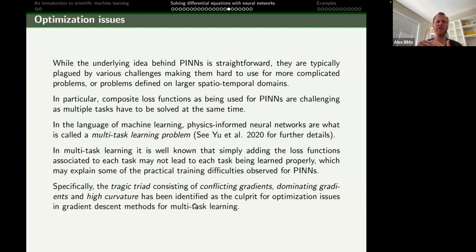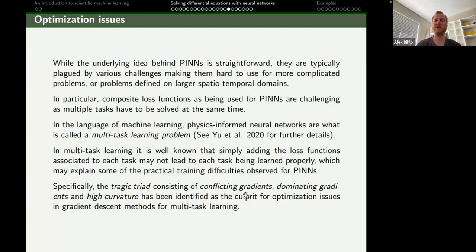And then just to give you a brief review, also because somebody asked how we can find this gamma: what can go wrong? If you have individual loss contributions, what you really care about is the loss gradients, because it's a gradient-based optimization that you use. If the gradient of one loss contribution and the gradient of your other loss contribution point in opposite directions, then in which direction would you go?